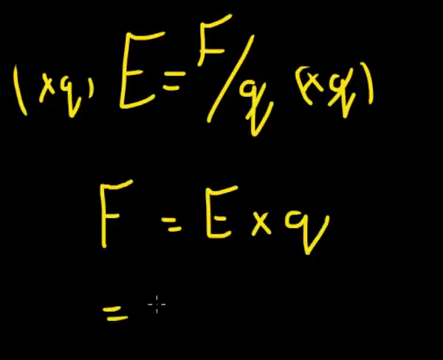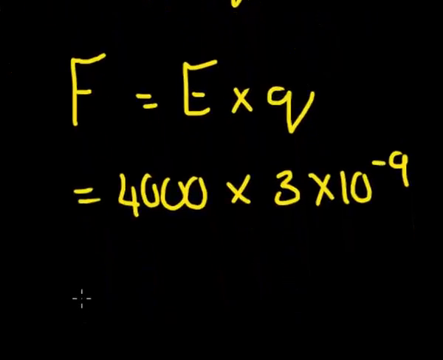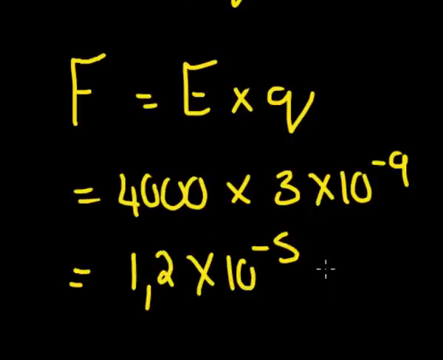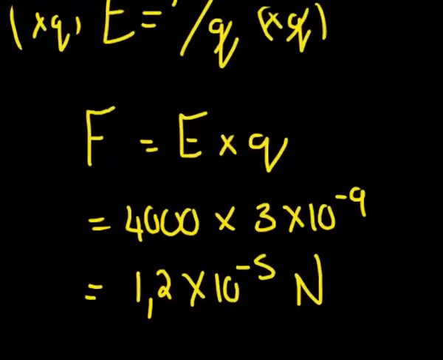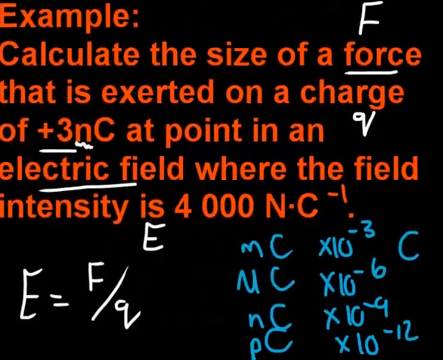So we'll have our value of 4,000 newtons per coulomb, multiplied by the charge of 3 times 10 to the power of negative 9. And this gives me a force of 1,2 times 10 to the power of negative 5 newtons.